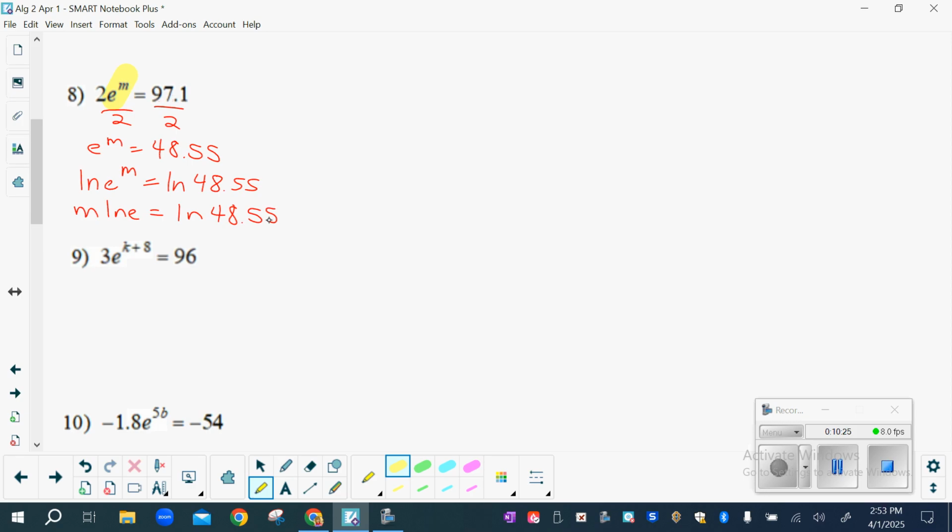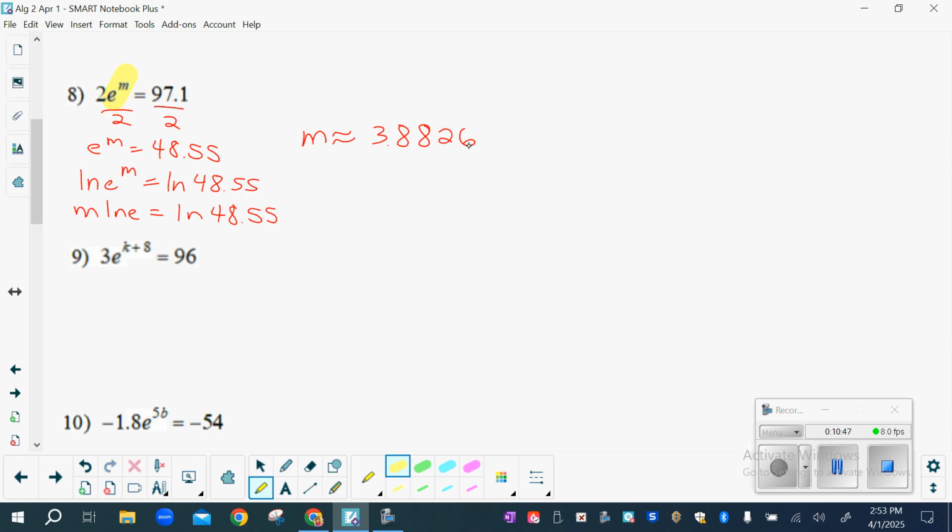Natural log of e is what? A 1. So m is equal to, we just on our calculator find the natural log of 48.55, which is 3.8826. So on your calculator, you just press natural log and then that.